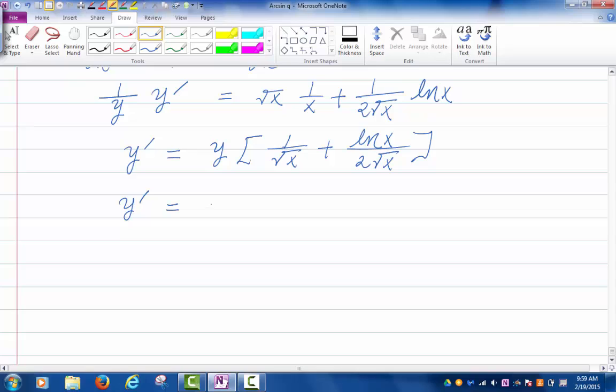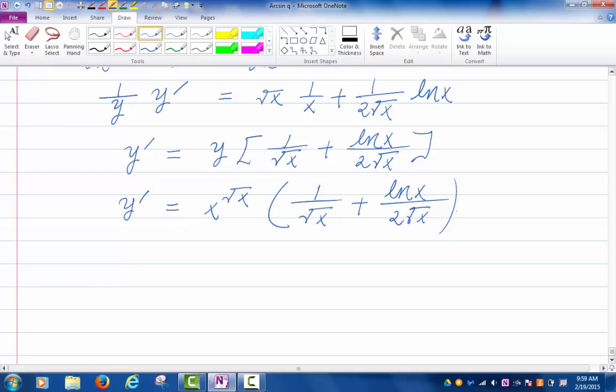Any questions on that? Yeah. How does the square root of x times 1 over x equal 1 over root x? Let me use red. What is root x times 1 over x? This is what you're asking. Root x is x to the half, divided by x, right?